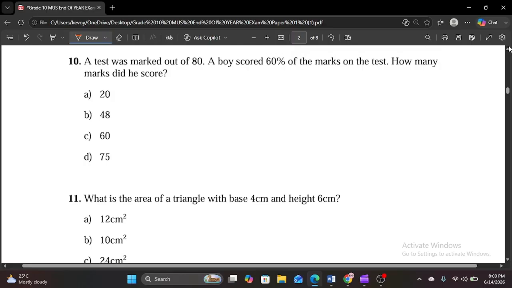All right, question 10 says a test was marked out of 80. A boy scored 60% of the marks on the test. How many marks did he score?